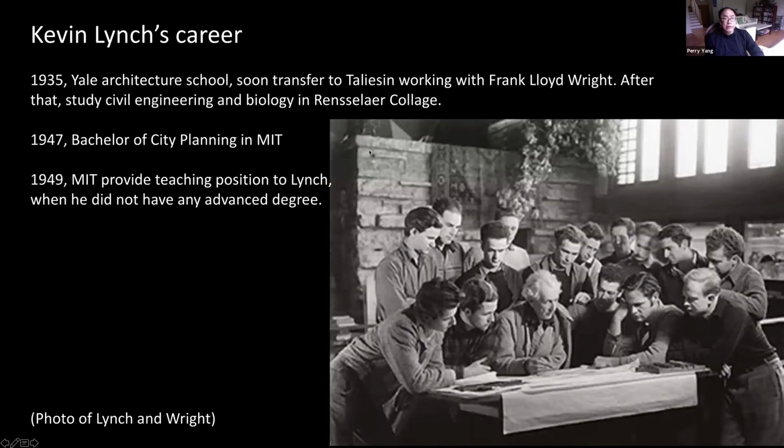He was educated at Yale partially, and he studied with Frank Lloyd Wright, a renowned American architect, before he went to MIT to get a degree. And he became a faculty member at MIT in 1950.